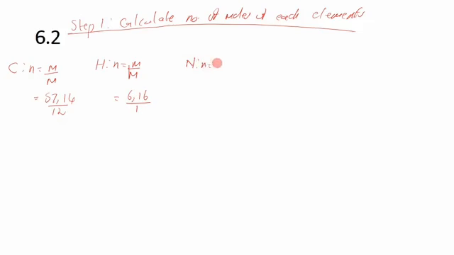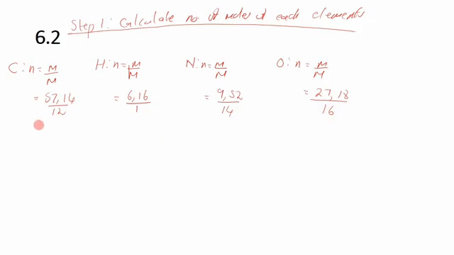Its number of moles is equal to mass over the molar mass. We have 9.52, and for nitrogen in the periodic table it's 14. And then lastly we have oxygen. The mass was 27.18 over the molar mass of 16.